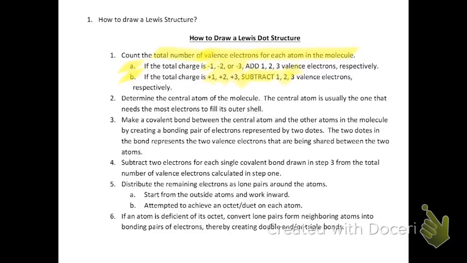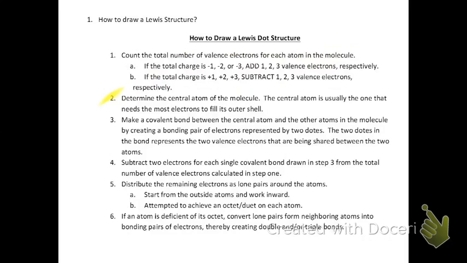Okay, so just keep that in mind as we count up the total number of valence electrons here. Now, after you've done that, step 2 says you're going to determine the atom that's going to be central to everything else. The central atom is the one that typically needs the most electrons to fill its outer shell.